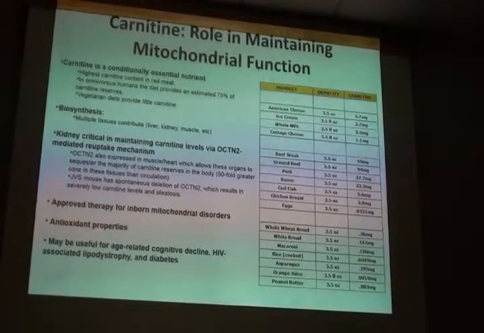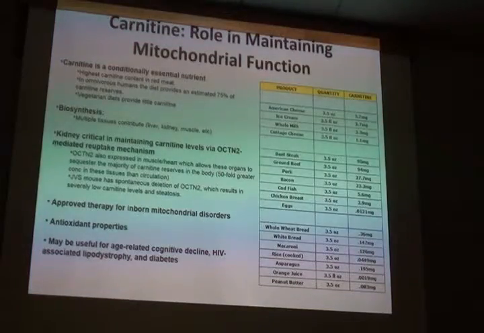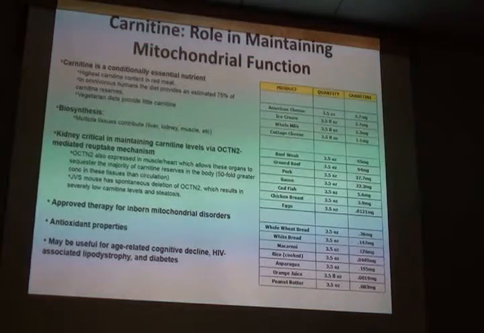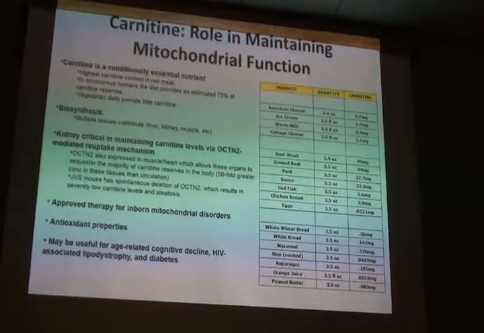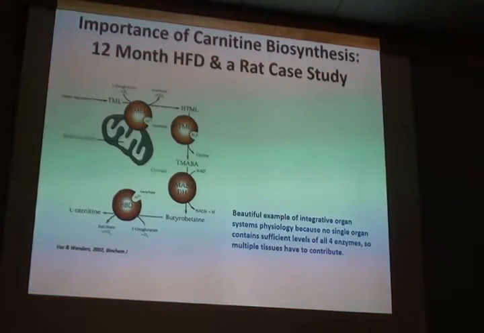Supplementation studies have been used to treat inborn errors of mitochondrial dysfunction, and carnitine has antioxidant properties. There's been a lot of research on cognitive function. But again, what it's most well known for is its role in fatty acid oxidation.